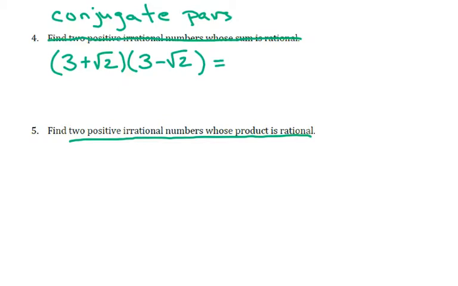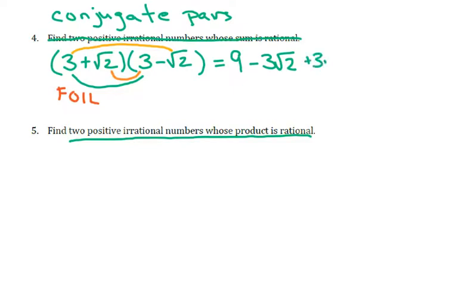And this is how we rationalize denominators when we need to, by multiplying by the conjugate. So let's just be really careful and use FOIL and see what happens. So first, that's 3 times 3, that is 9. Outer, that's 3 times the negative of square root of 2, so that would be minus 3 root 2. Inner, that's 3 times the positive square root of 2.